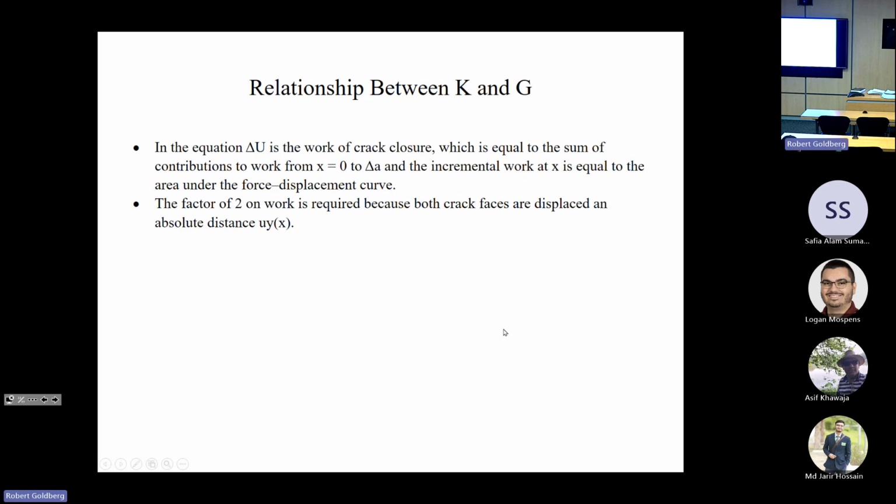So what we're going to say is that our strain energy release rate is equal to the limit as this delta a goes to 0 of the change in strain energy divided by the extension of the crack length for a fixed load.